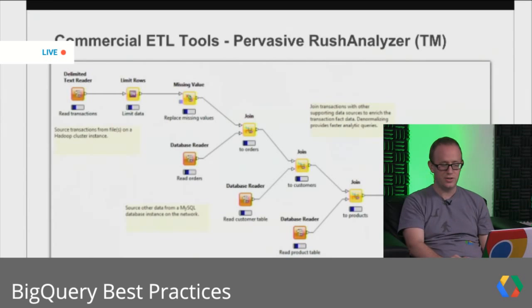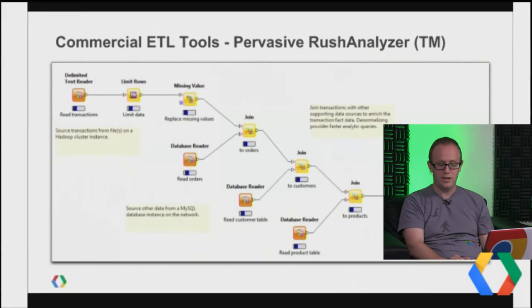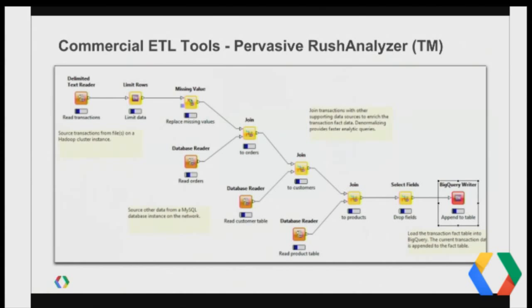In this case, they're taking data from an on-premise HDFS, a Hadoop file system, and joining it with data from a MySQL database that's either in-house or in the cloud, and even with some flat files, selecting only the fields they require after the join, and then writing that out to BigQuery.